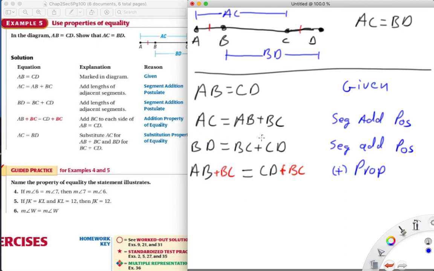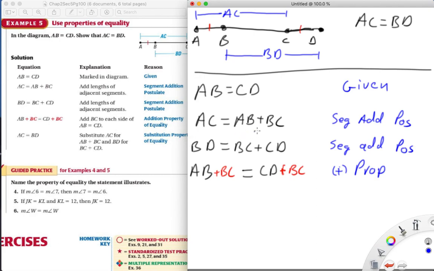So what do we have? We already established that AB plus BC in step number 2 is equal to AC. We already established that BC plus CD is equal to BD in step number 3. So if those two guys are equal to each other, I can substitute BD for CD plus BC down here.